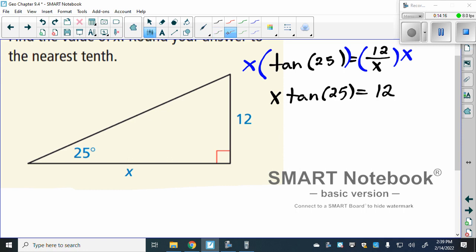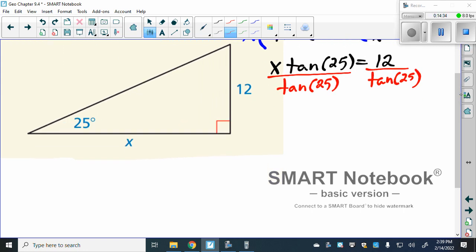Is the variable by itself after we multiply by x. So what do we need to do next? Both sides by? Yes. So these here will cancel, telling us x is equal to 12 divided by tangent of 5.